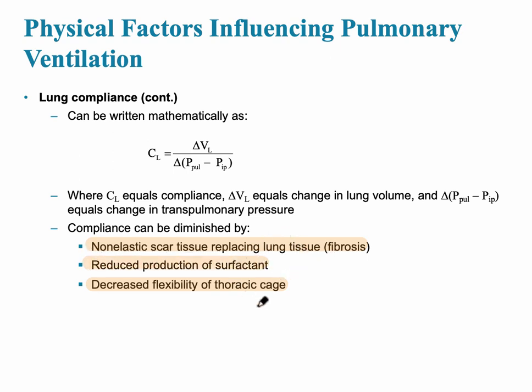You should know that all of these three things affect the compliance. The flexibility of the thoracic wall, for example, would decrease chest wall compliance if there's severe scoliosis. So an anatomical abnormality could affect the flexibility of the thoracic cage.